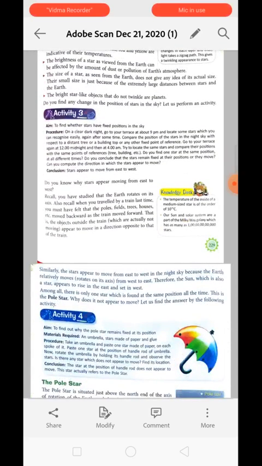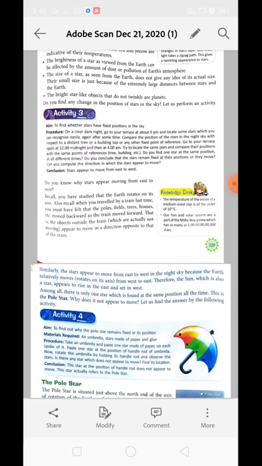While discussing activity 3, we learned that the stars appear to move from east to west. Why? Because our earth is moving from west to east. This can be understood when you recall your train travel.